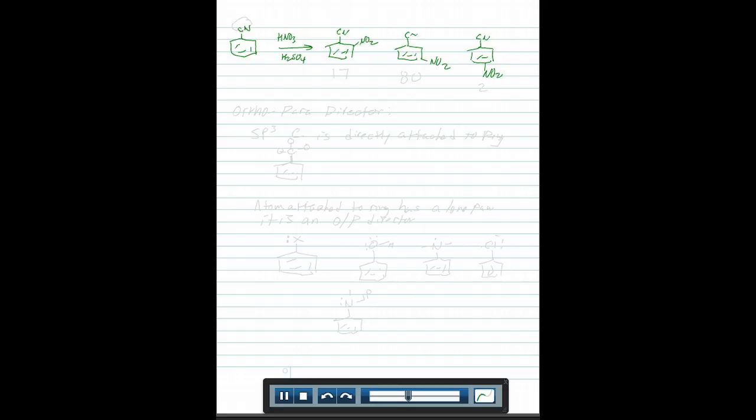All right, your mixture, you get about 80% of it is the meta. You get about, in this case, you get 17 in the ortho, and you get 2% of it in the para. And that's because the cyanide group, believe it or not, is actually a small group. It's a linear molecule. So you technically have two possible sites of the nitro. So in this case, you get a little bit more. Let's not worry about Y and all that stuff. Just realize that the CN group is a meta director, and you get mostly of it in the meta.